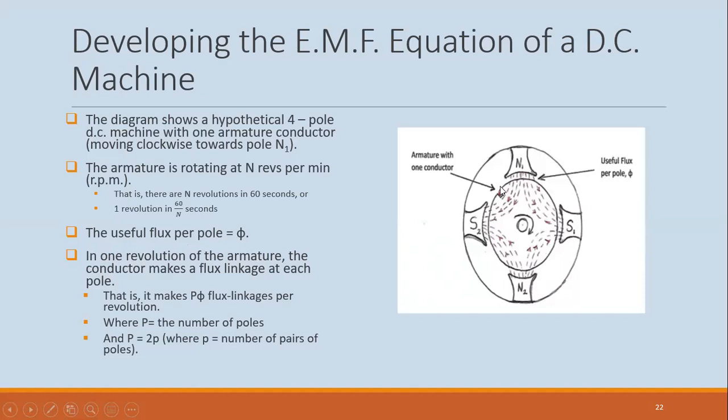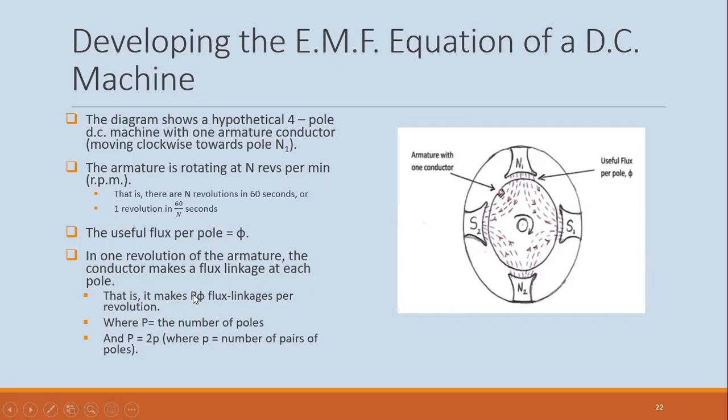So in one revolution, it makes a flux linkage at each pole. So the number of flux linkages would be P, the number of poles, times the flux per revolution.